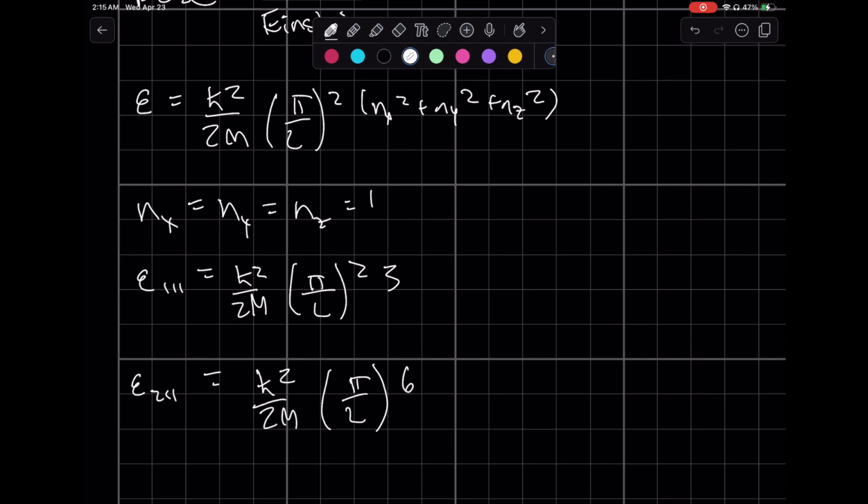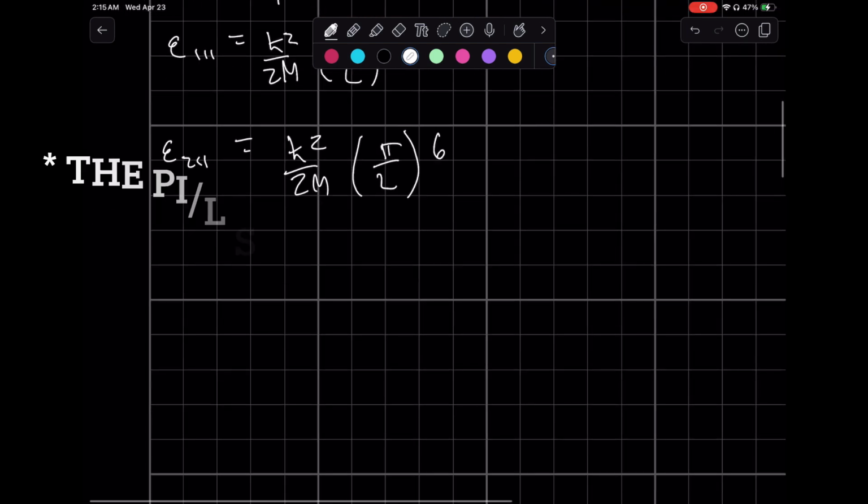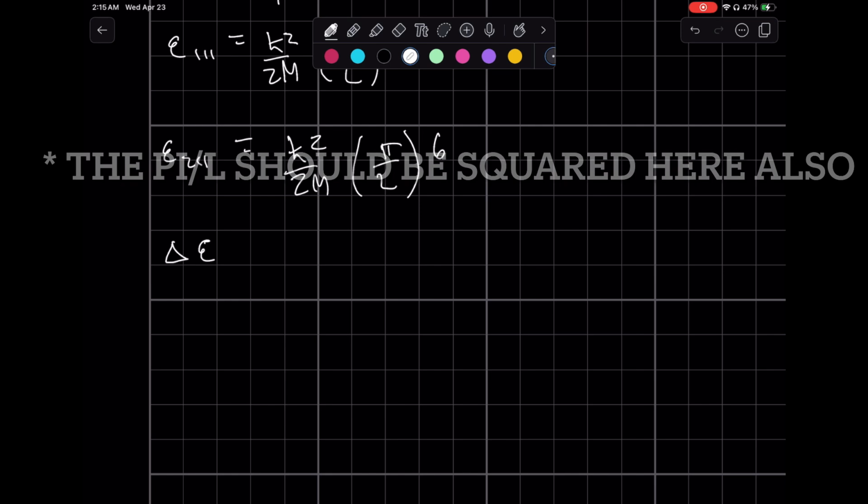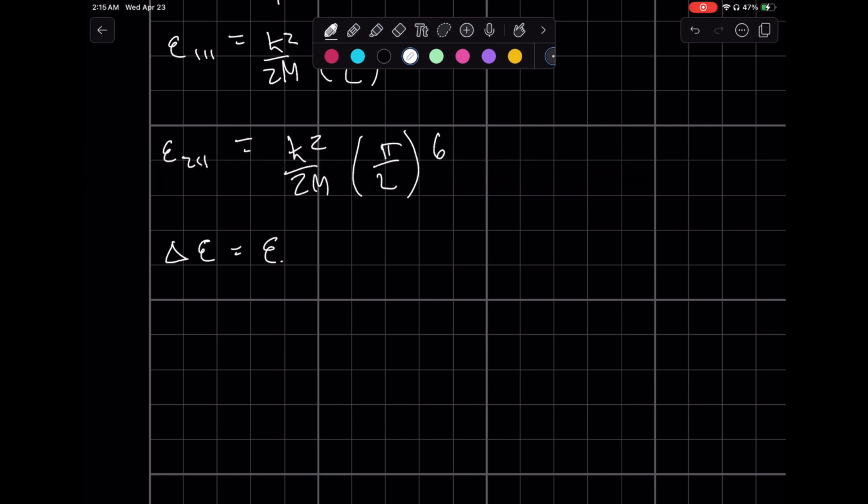And that's our next lowest orbital. So if we want to get an excitation energy, delta epsilon, we do epsilon 211 minus epsilon 111, which is going to give us 3 h bar squared over 2m, pi over L squared. So we'll say that the mass of a helium-4 atom is 6.6 times 10 to the negative 24 grams.